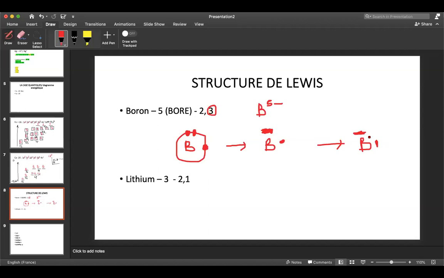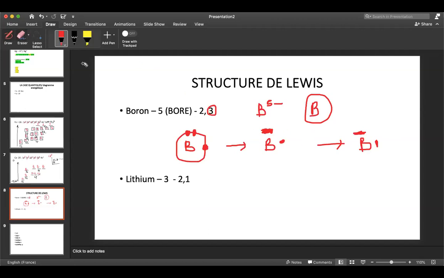It is not satisfying the octet rule. So if boron gained 5 more electrons, this would have been the structure for boron.